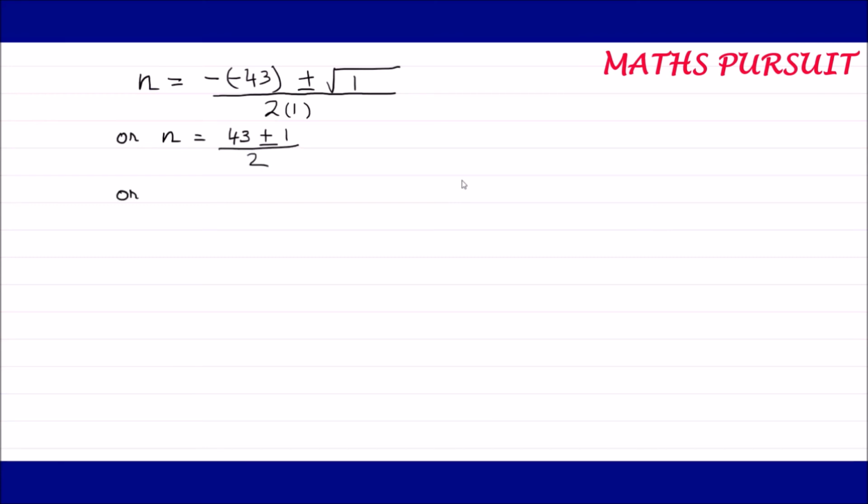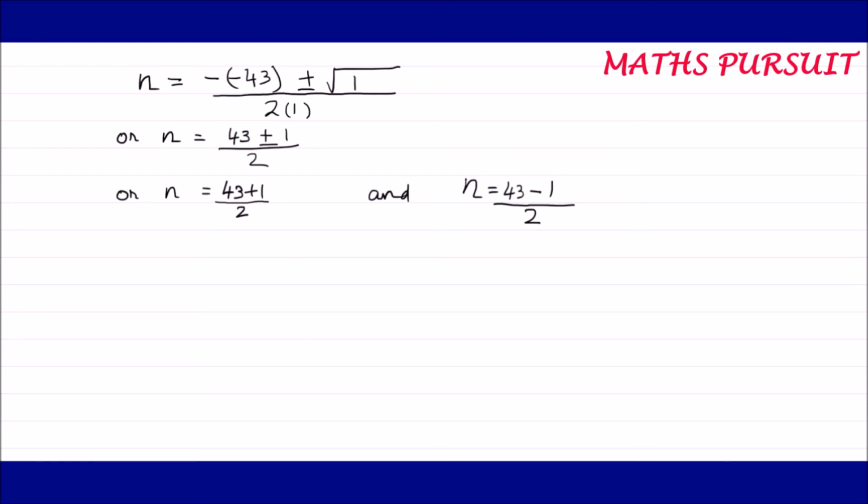Now let us split this equation into two parts. One part is n is equal to 43 plus 1 upon 2, and the other one is n is equal to 43 minus 1 by 2.